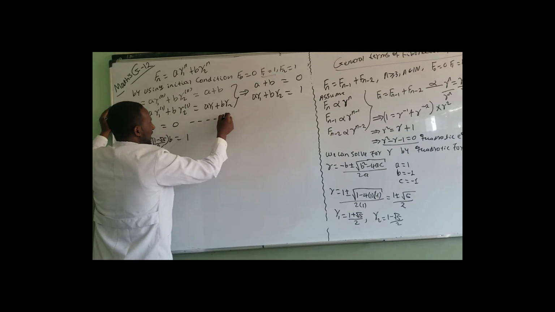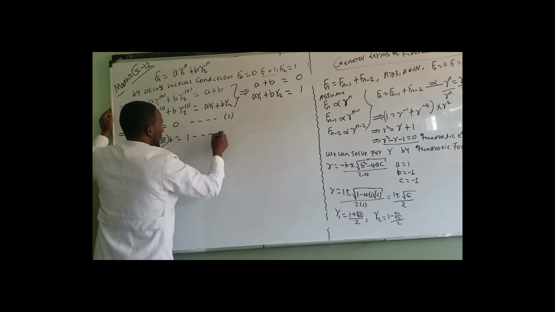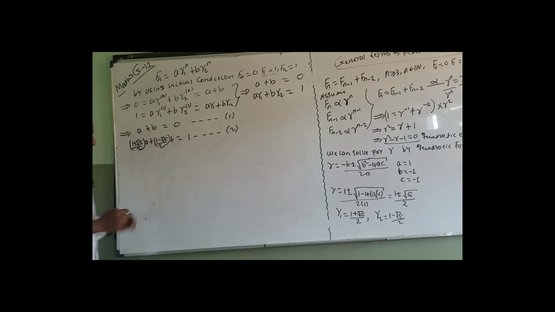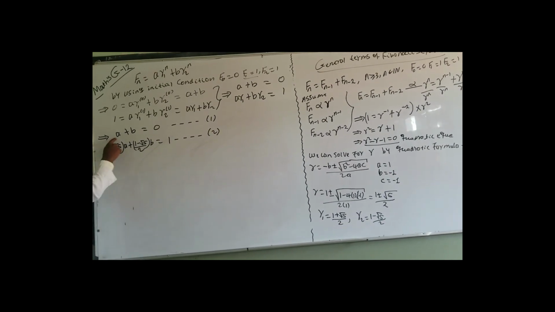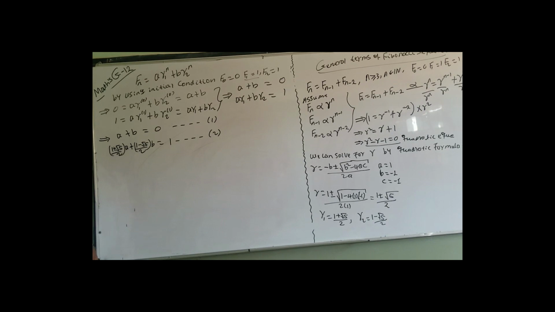Let us take this as the first equation and this as the second equation. Then we can find the values of a and b by the elimination method.